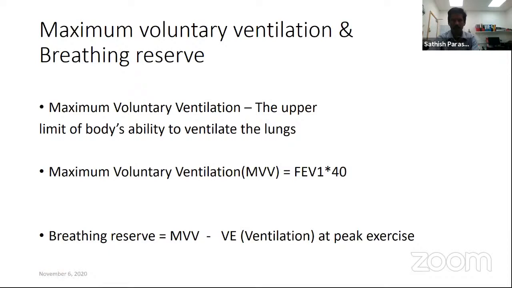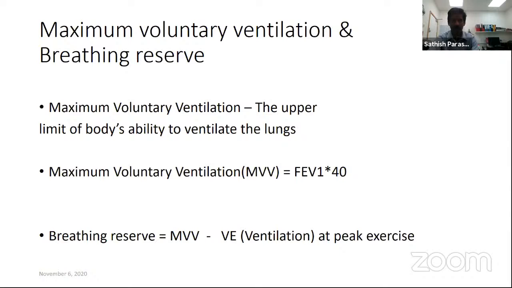So by measuring, we can obviously be measuring all the ventilatory parameters. We can identify what the maximum ventilation is. Usually, when normal people exercise, the thing that stops us is not the lungs. Lungs still have reserve. It's usually the heart that stops us from doing further.